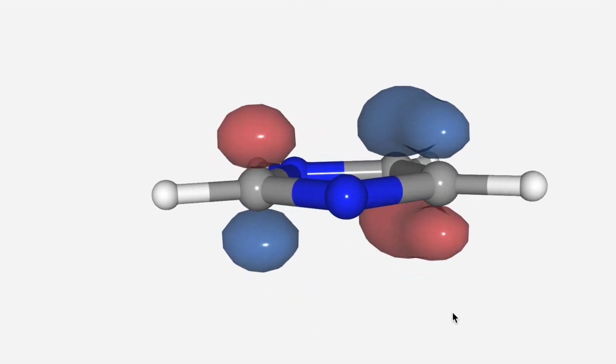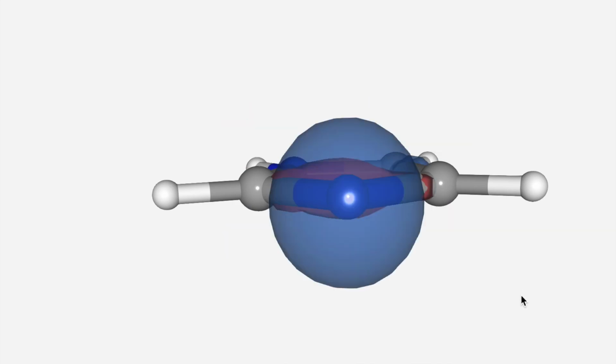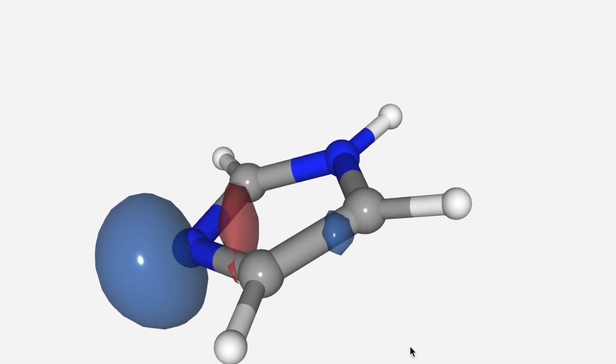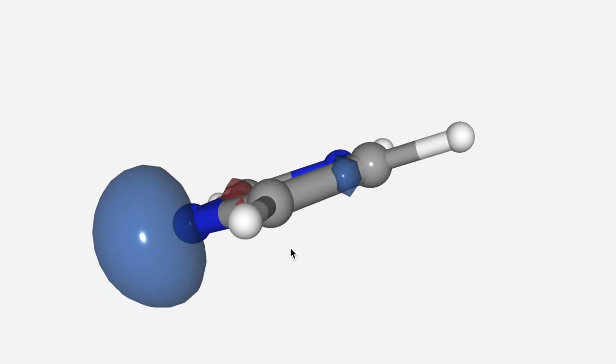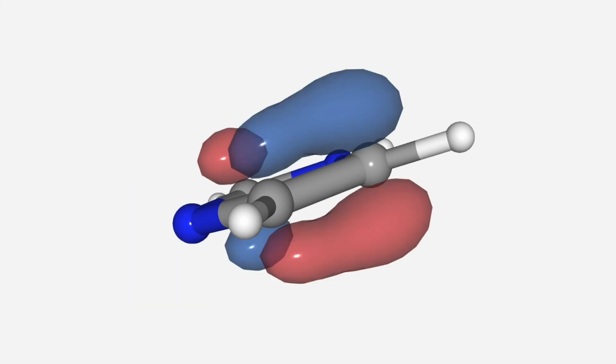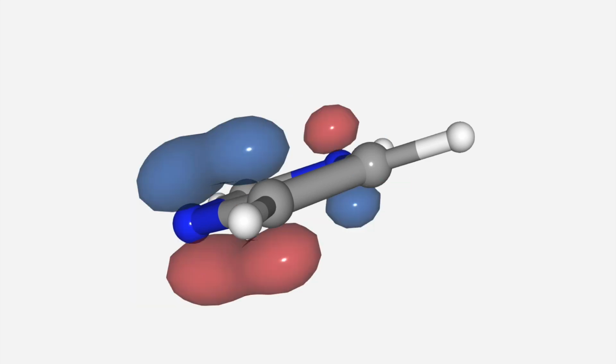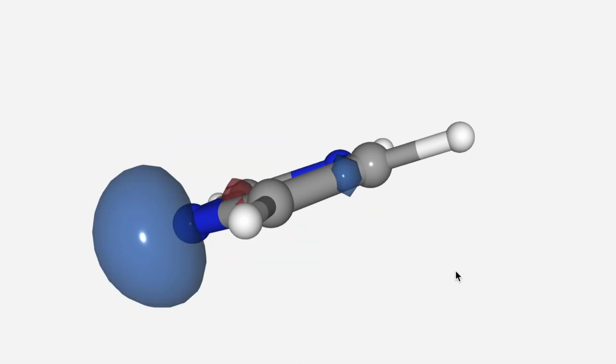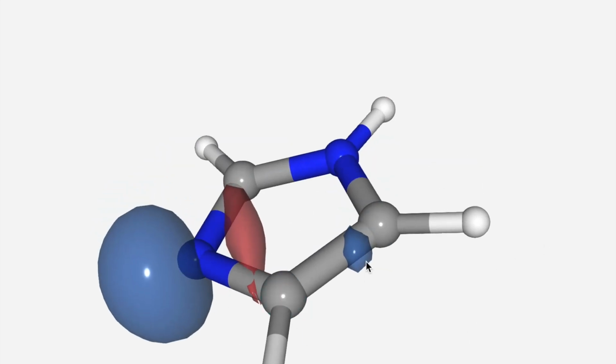Here is the other combination of p orbitals that shows up. But then check this out. This is the lone pair from that nitrogen with double bond. Notice how the lone pair orbital is sticking out of the molecule. It's not in the plane like these are. It is sticking out. So the lone pair does not overlap that pi system.